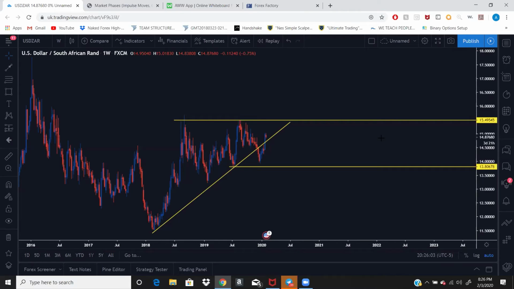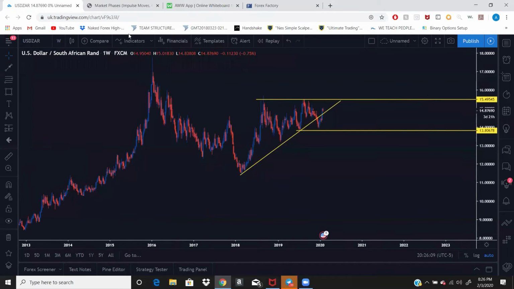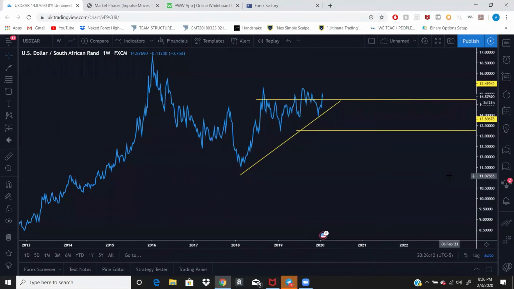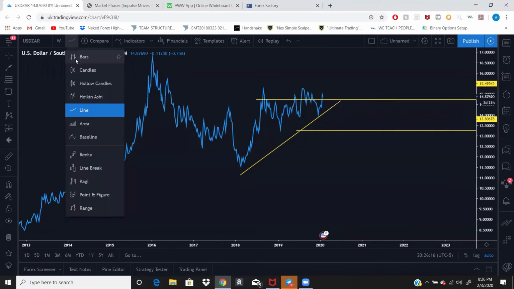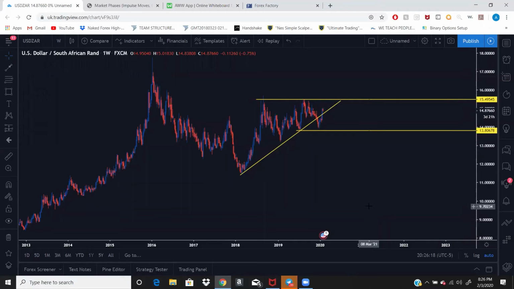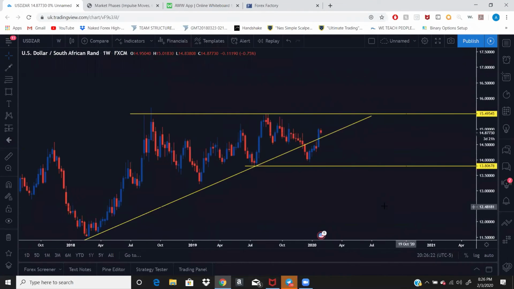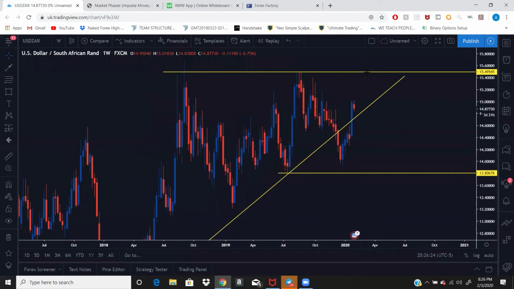Aaron, I'll go back to USD JPY. Let me just check USD ZAR and Euro NZD. So this is still valid, weekly uptrend. Let me see who requested USD ZAR. Oh, it was you, VD.